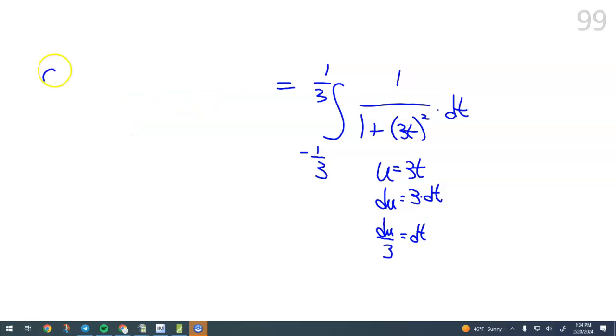Now I can rewrite, I'm not going to put the numbers because I didn't fix those yet, but it'd be 1 plus u squared times, and dt is du over 3.